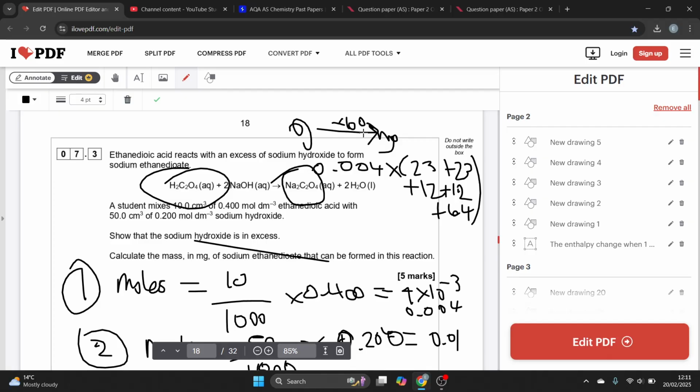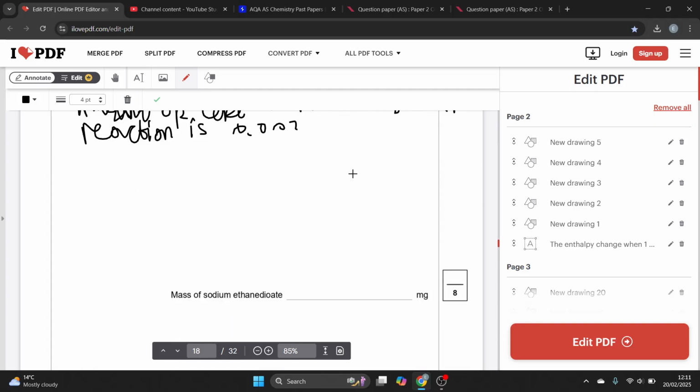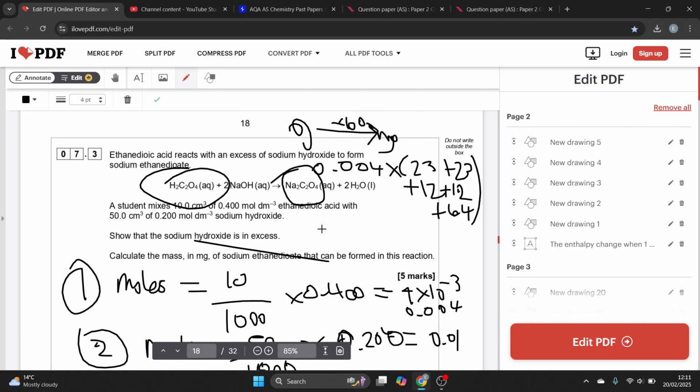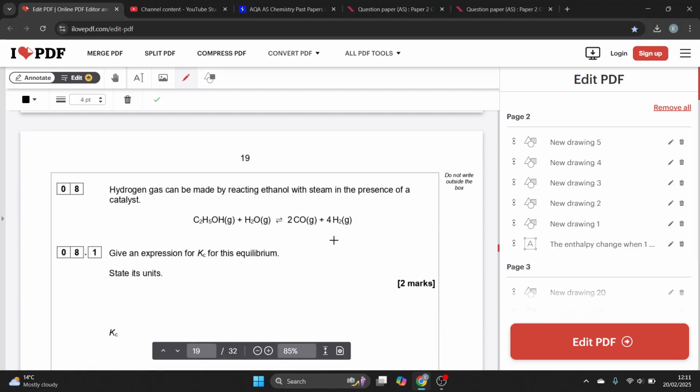I'm not going to be using that. I'm going to be using the moles of ethanoic acid. 0.004 times by 23 plus 23 plus 12 plus 12 plus 64. Then times my answer by 1,000, 536 milligrams. Perfect. That's 5 marks.